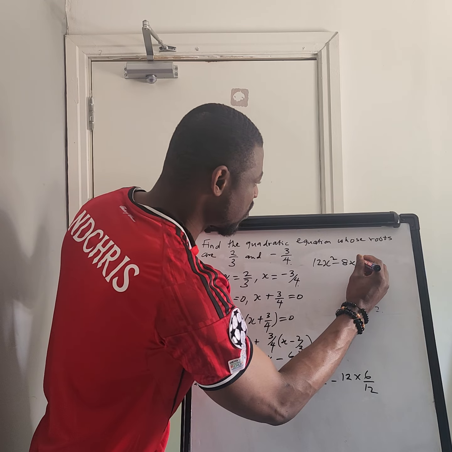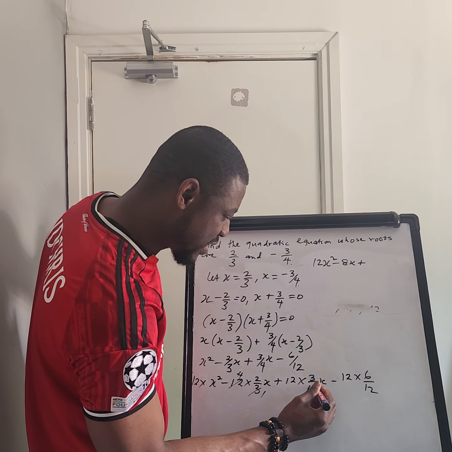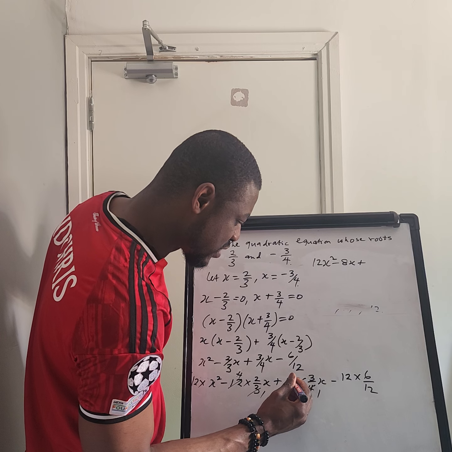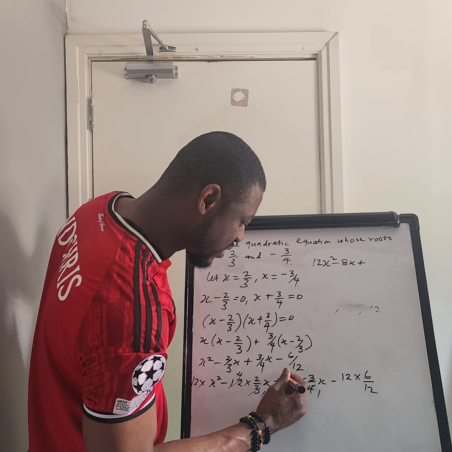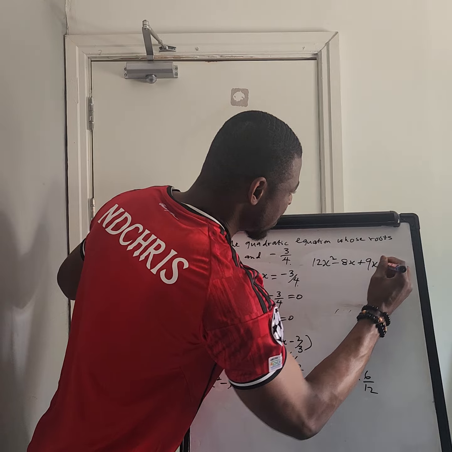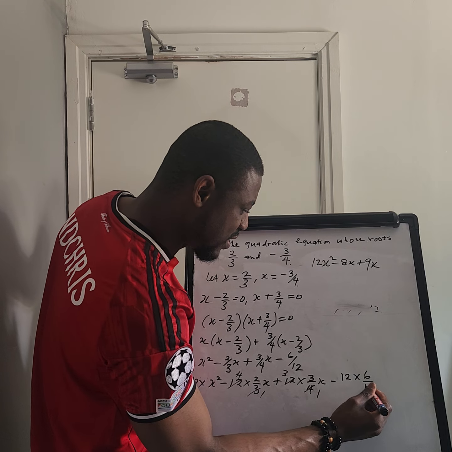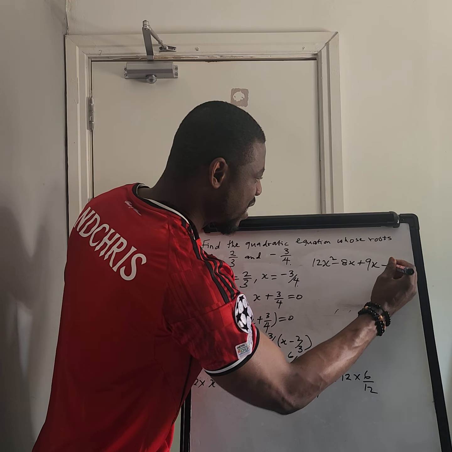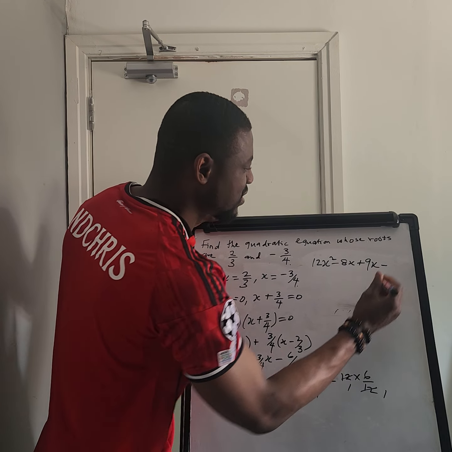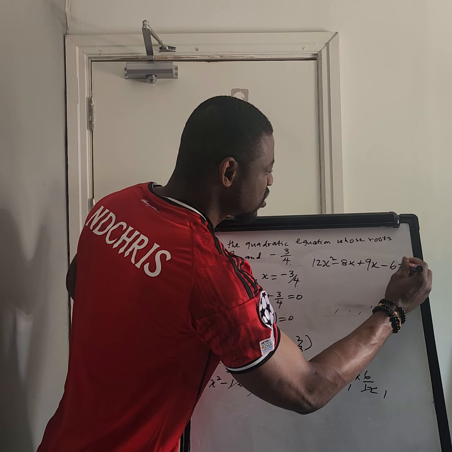The sign here is plus. Then 4 goes into 12 to give me 3. So I'm going to have 3 times 3. That becomes 9x. And finally, the sign here is minus. 12 goes into 12 once, so 1 times 6 is minus 6 equals 0.